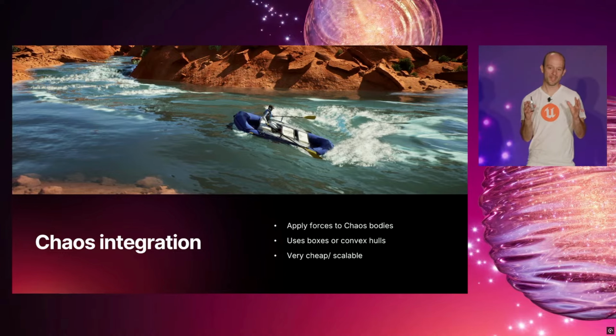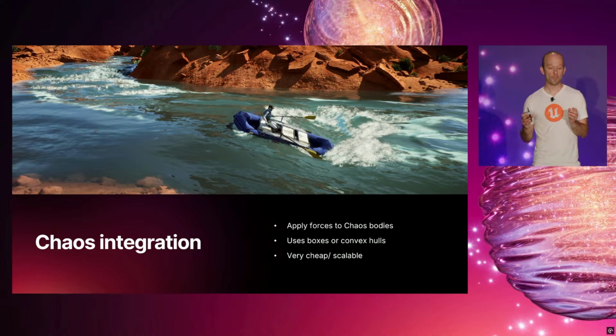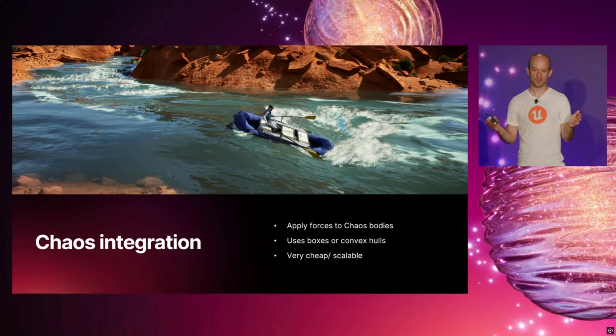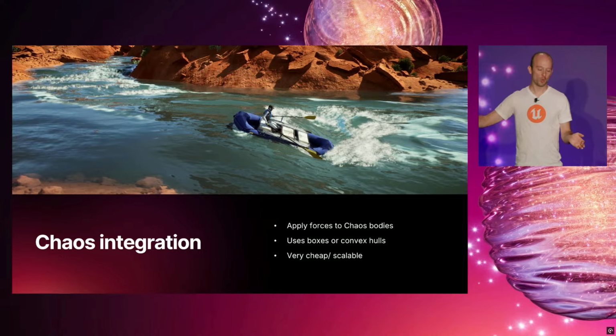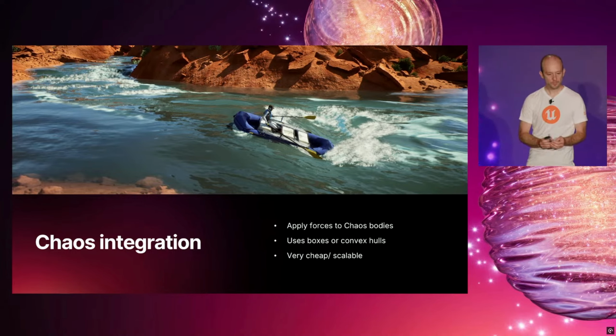So we have this really compact, nice representation of the river from the baking process. And because it's a static velocity field, it's very easy to just use it as an array. And it can work with networked applications or anything that chaos supports.